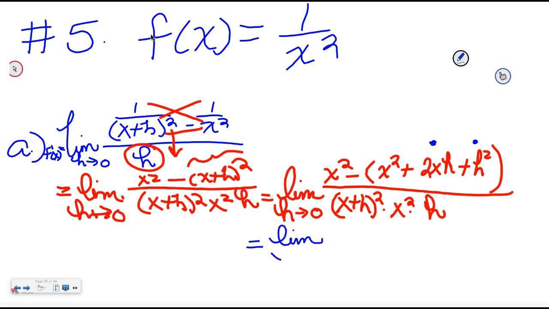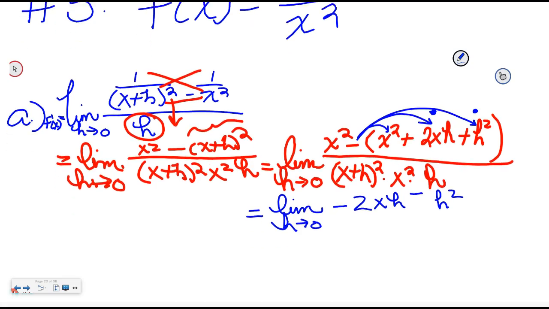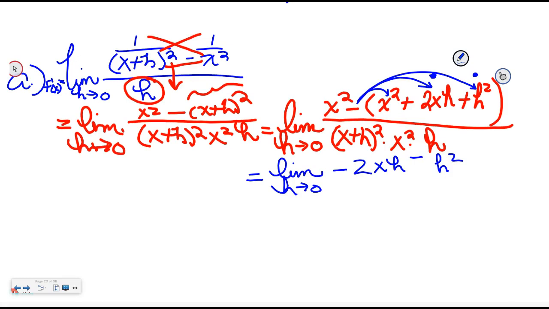And I'll be taking the limit as h approaches 0 of negative 2xh minus h squared, oops, sorry, sign error there. I should actually have distributed this all in and rewritten it, but I'm not feeling it right now. So x squared, and then this is all over the quantity x plus h squared times x squared times h.